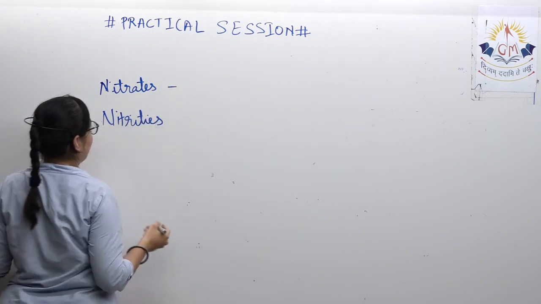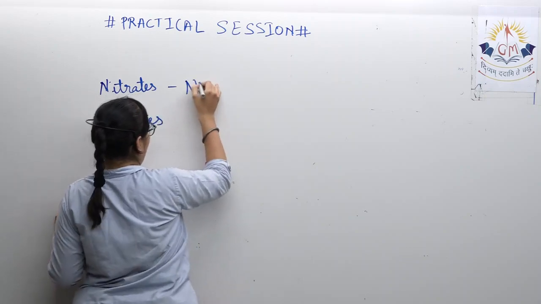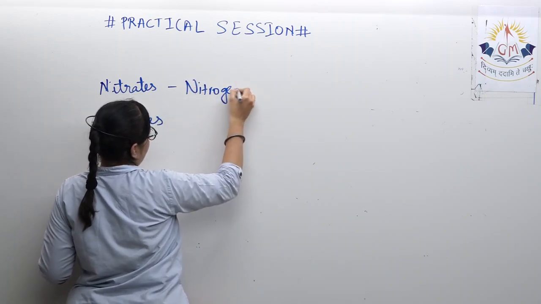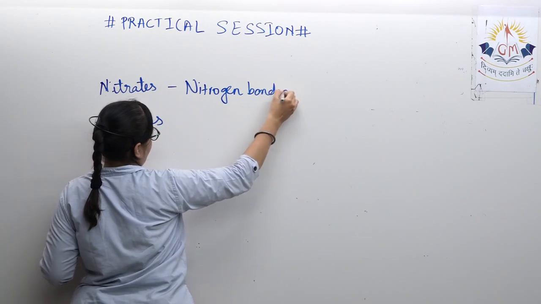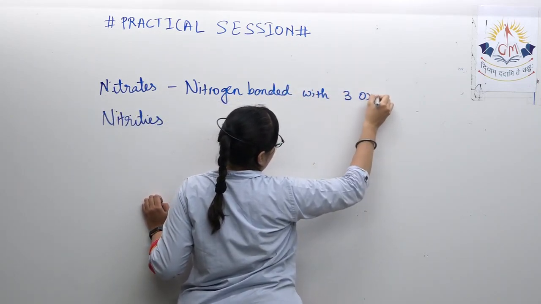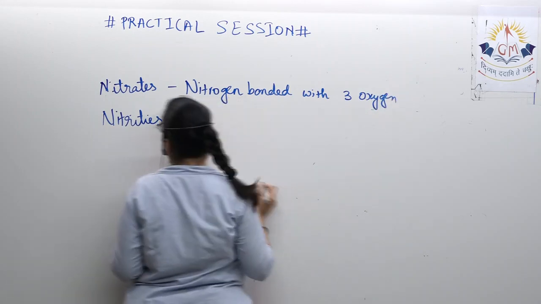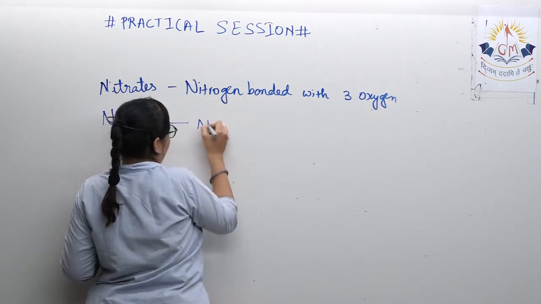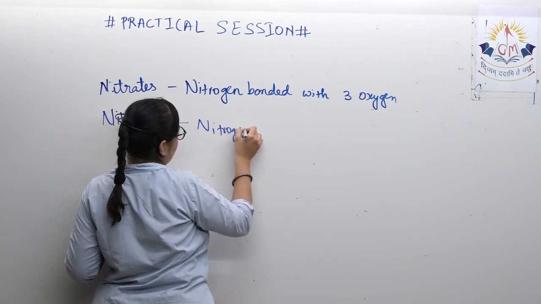Nitrates means nitrogen bonded with 3 oxygen. And nitrite means nitrogen bonded with 2 oxygen.